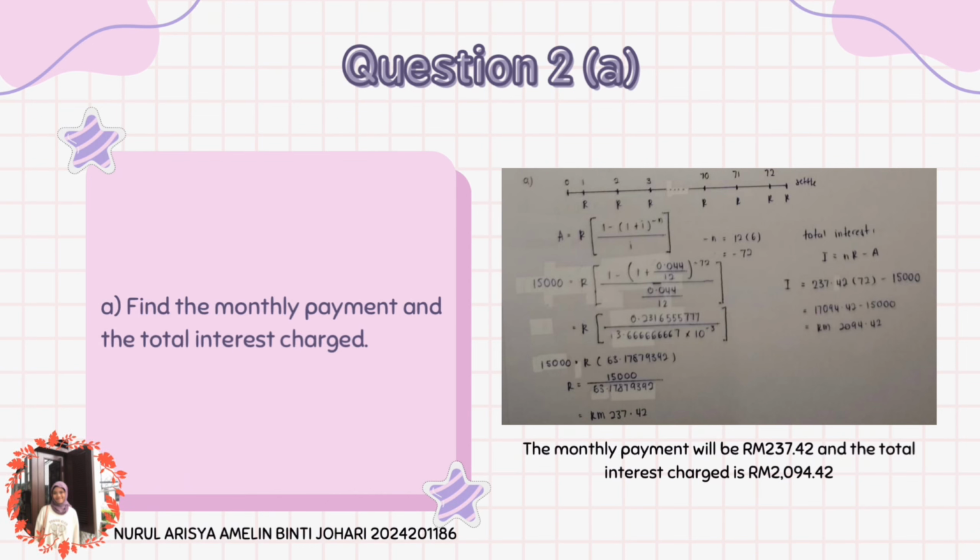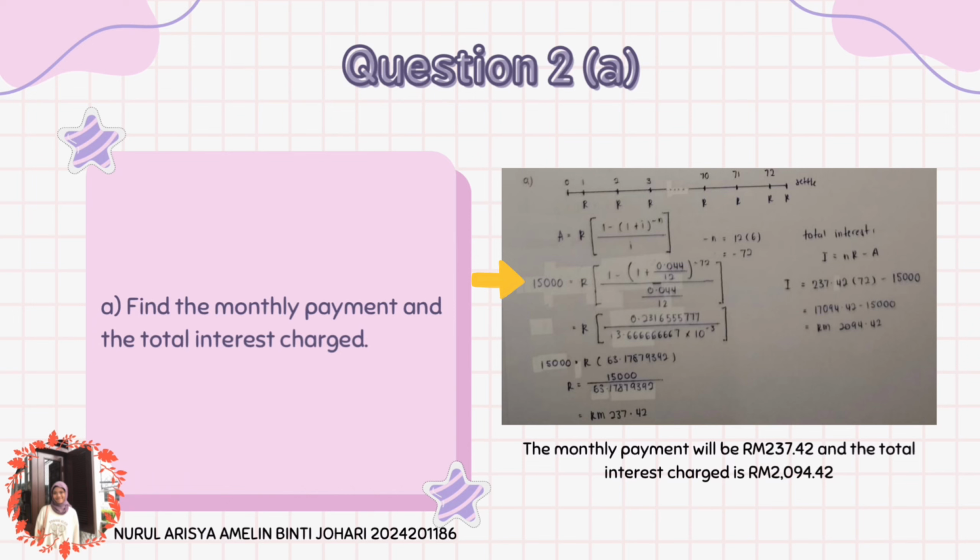In order to get the final answer, we have to complete the bracket 1 plus 0.044 divided by 12, raise it to the power of negative 72, and 1 minus the answer.